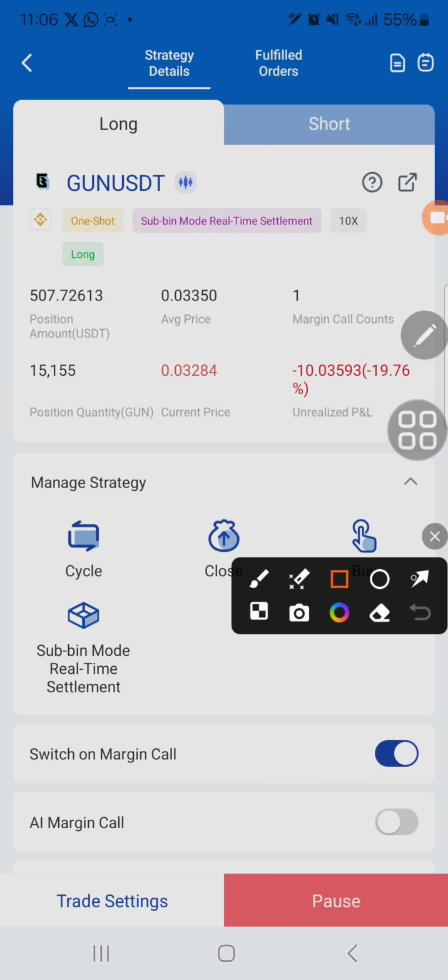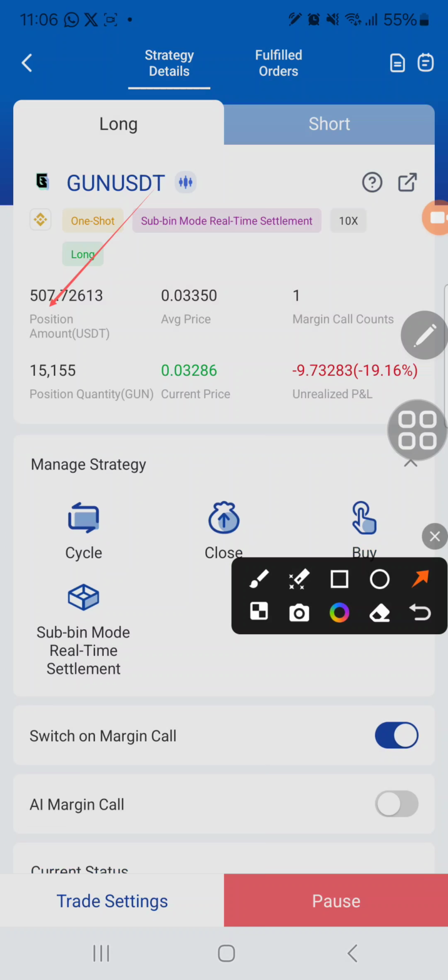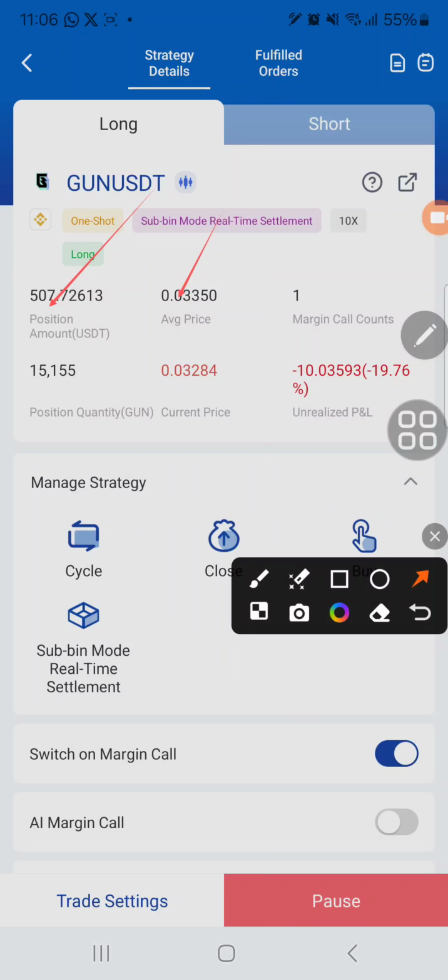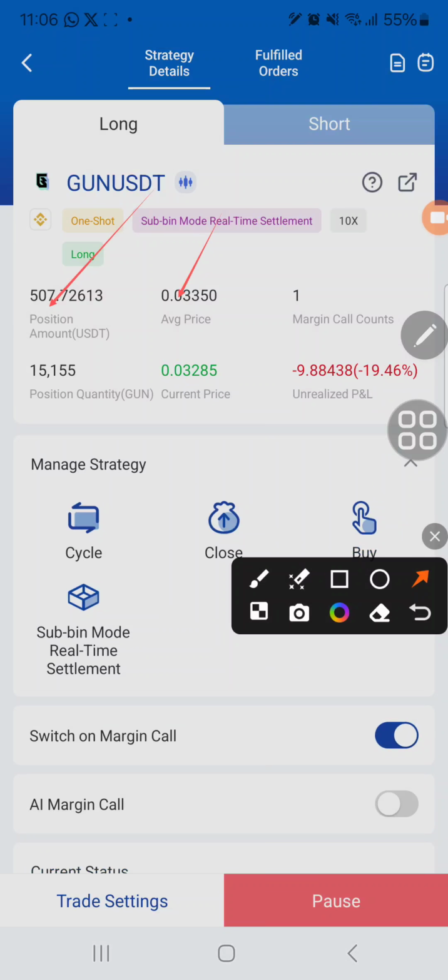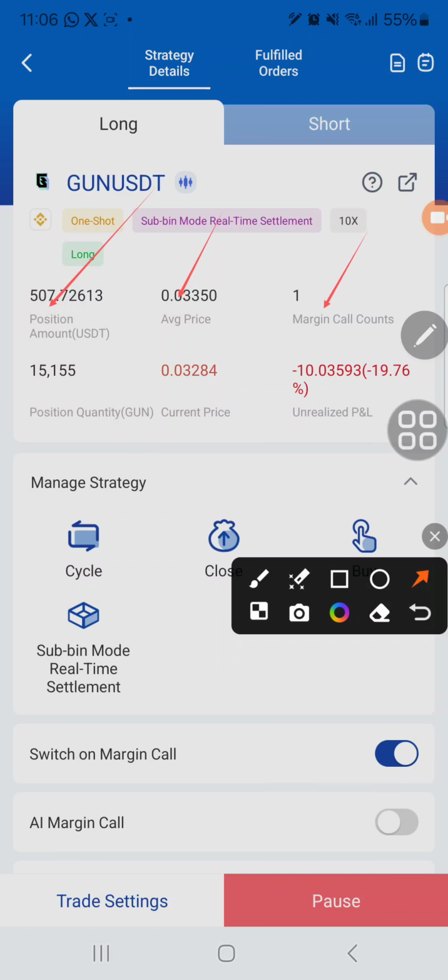Firstly, understand that this simply means the position amount. The position amount means the actual amount of money that you have invested in a particular trade. Then the average price, that is the individual unit price with which you have bought a token. Then number of calls simply means the number of times the bot has bought for you as the market kept on going down.